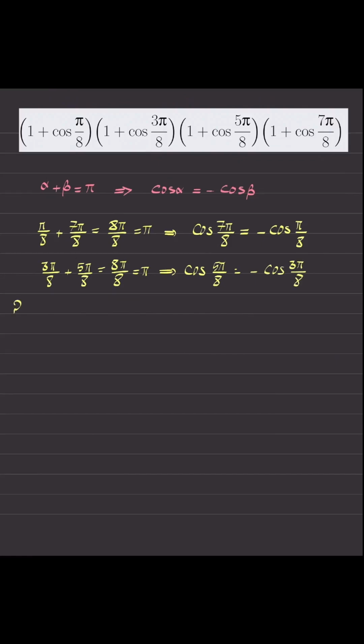So far, if I consider this my question mark, now the question mark is equal to 1 plus cosine pi over 8, I copy and paste, 1 plus cosine 3 pi over 8, I copy and paste, but instead of 1 plus cosine 5 pi over 8, I write 1 minus cosine 3 pi over 8, and instead of 1 plus cosine 7 pi over 8, I write 1 minus cosine pi over 8.